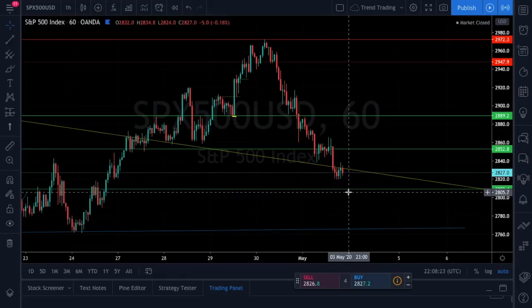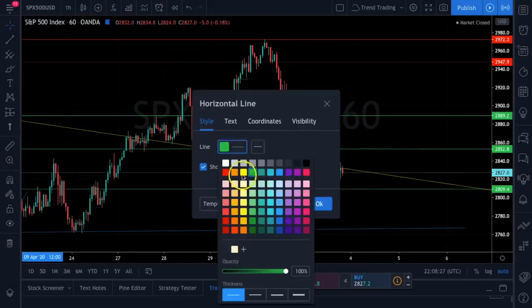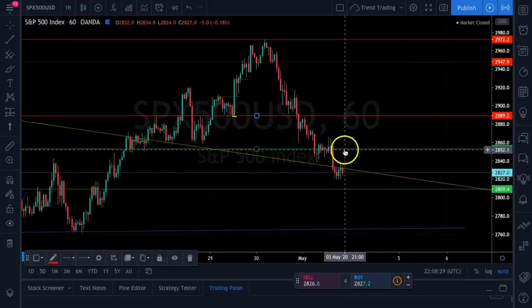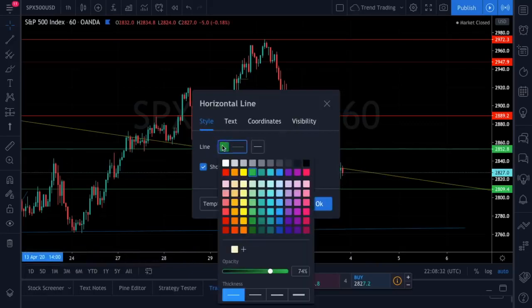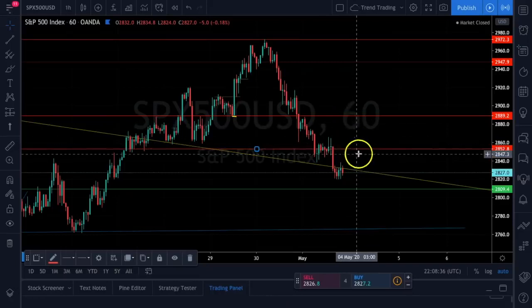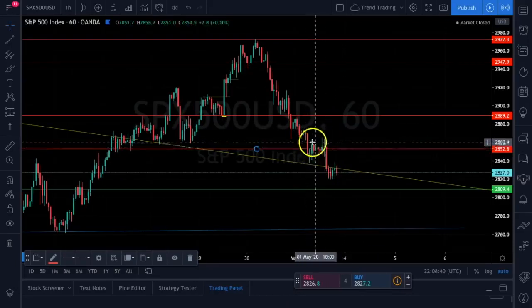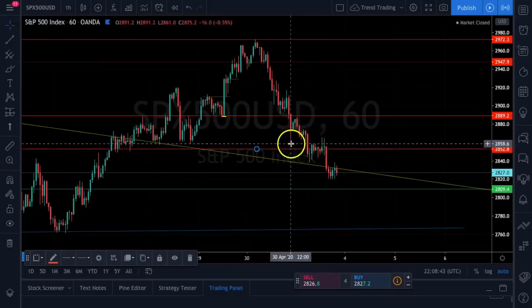It is very important at the end of the day that you tighten up your support and resistance lines. Make sure that if something has flipped from support to resistance, you get those colors right going forward. If you look at what happened over here in the market, you could see this was support.